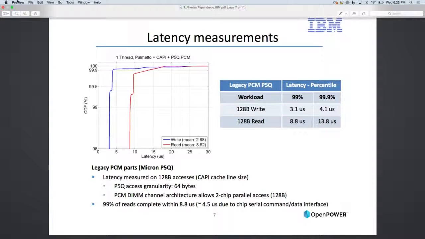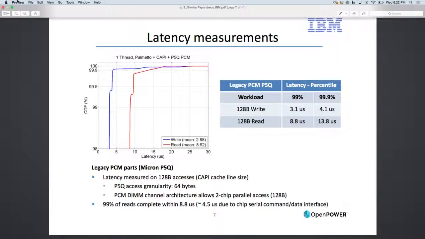So here we show some measurements. This figure shows the CDF of the write and read latency that we obtain using 128-byte accesses. And the measurements correspond to the Palmetto system, the CAPI-based phase change memory controller, and the PCM DIMMs with the legacy PCM parts.